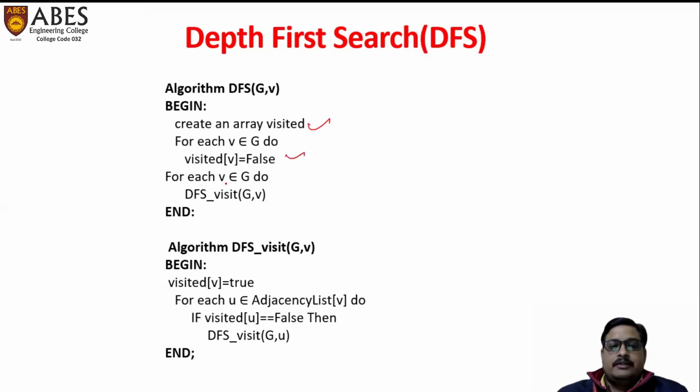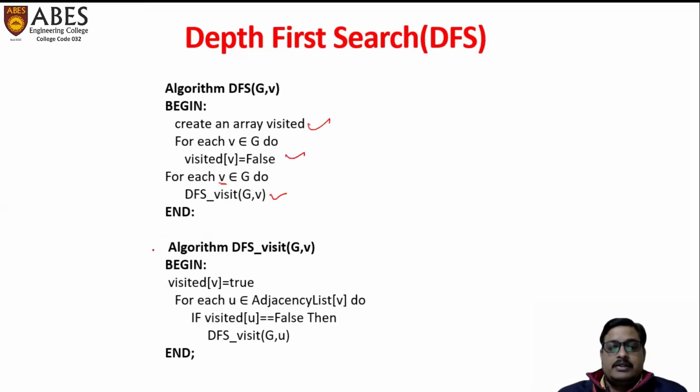Then for each vertex v belonging to G, we'll call this DFS visit. Now this DFS visit is the main algorithm that will perform traversal for each vertex. Why do we need this DFS visit on each vertex? Because sometimes the graph may be disconnected. In that case, we need to call this DFS visit for all the vertices of the graph.